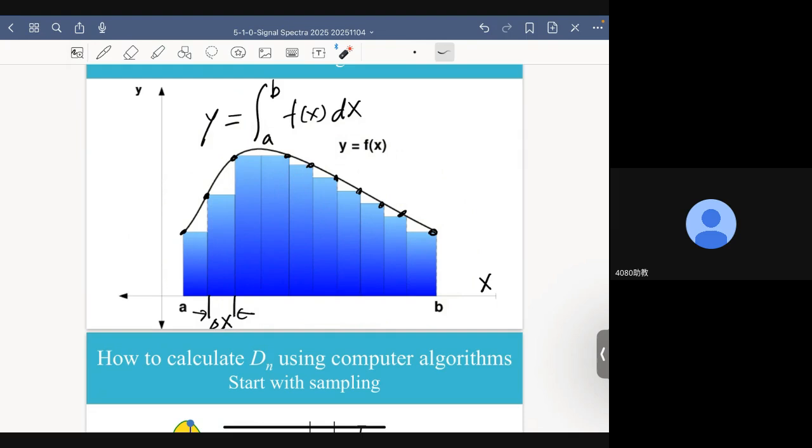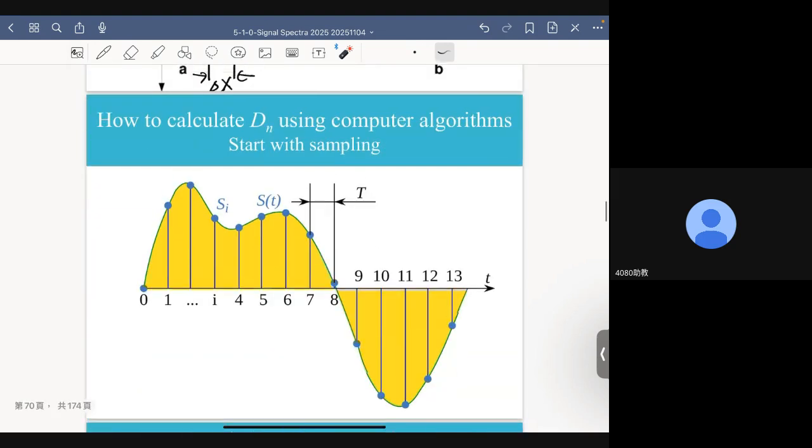But as you can imagine, if I make delta x smaller, then I can generate more and more rectangles, which are more densely distributed. And these errors will go down, and eventually will die out. It will converge as delta x approaches 0, okay?